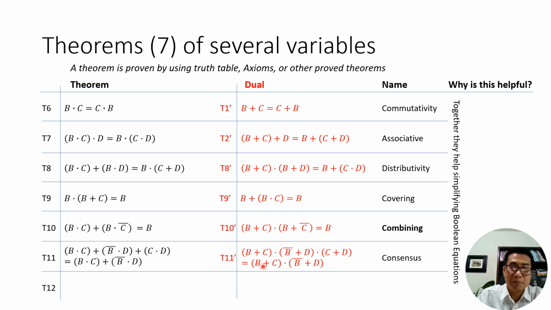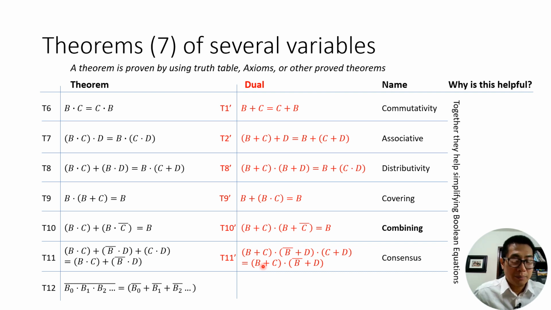Then the last theorem is T12. You have B0 and B1 and B2 and so on, then you negate all of them. You negate not the individual elements, but the whole result of the AND.